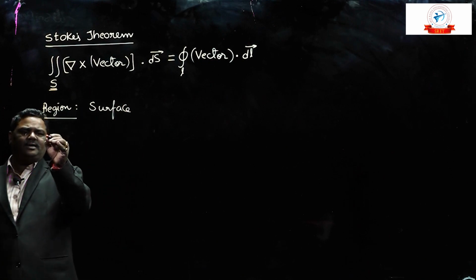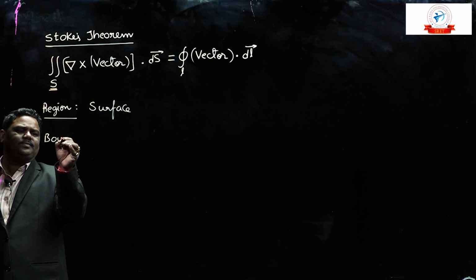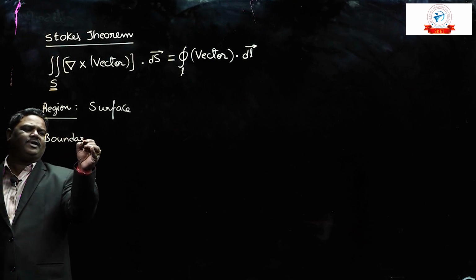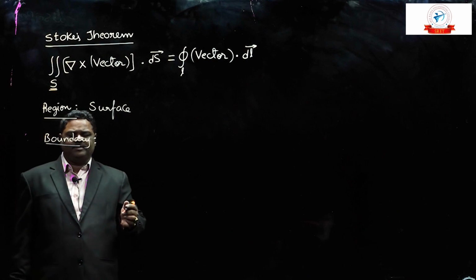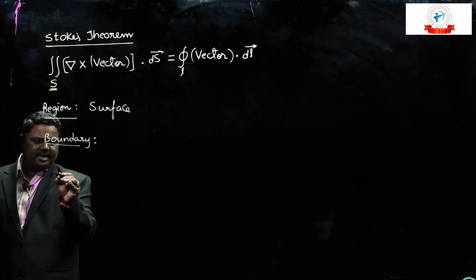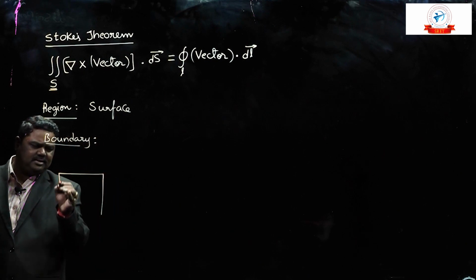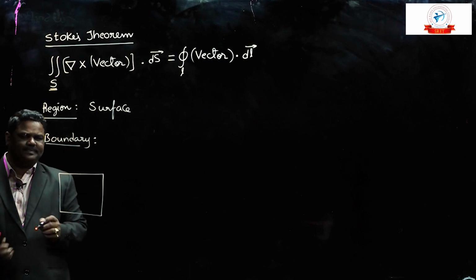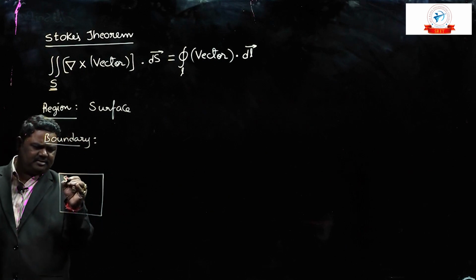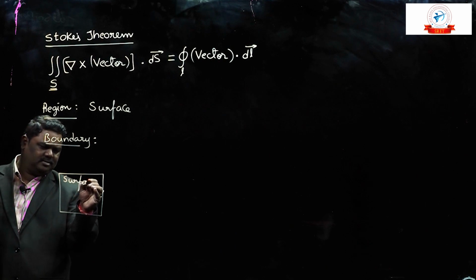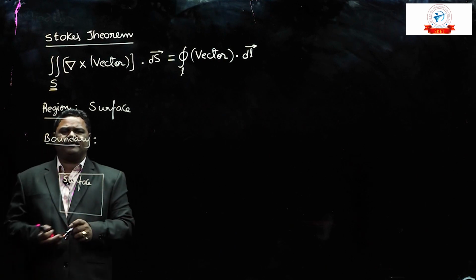Okay, then what should be the boundary? What is the boundary for any finite surface? For example, you consider any surface like this, a square. Okay, so here this is the surface. What are the boundaries for this surface?